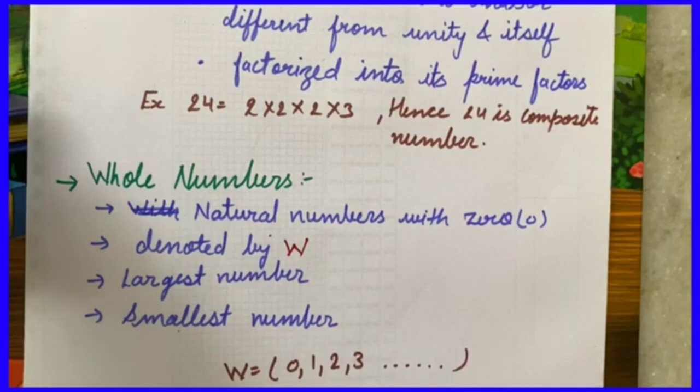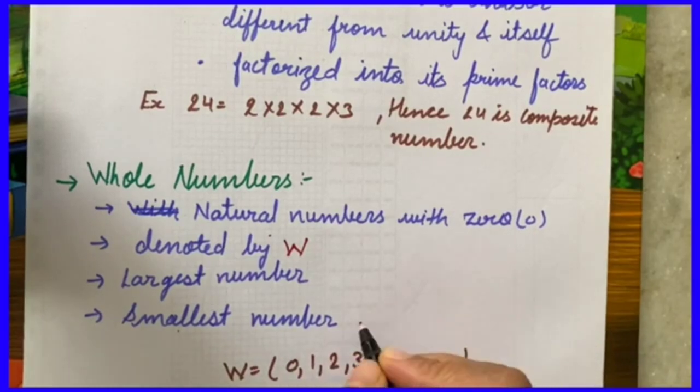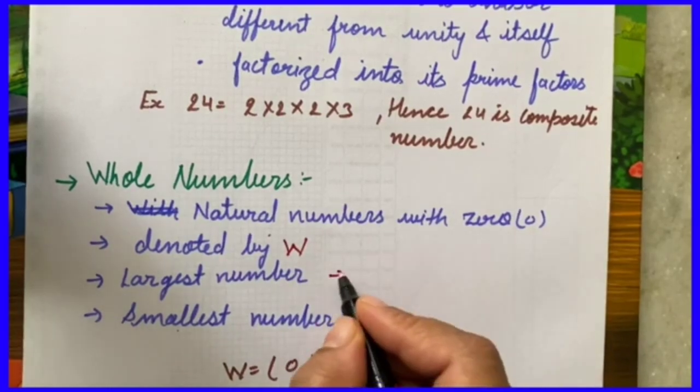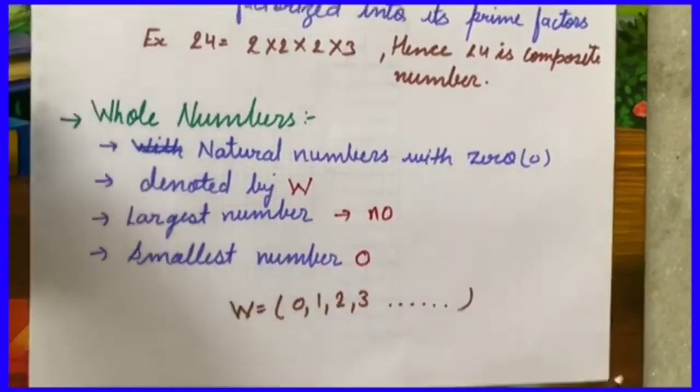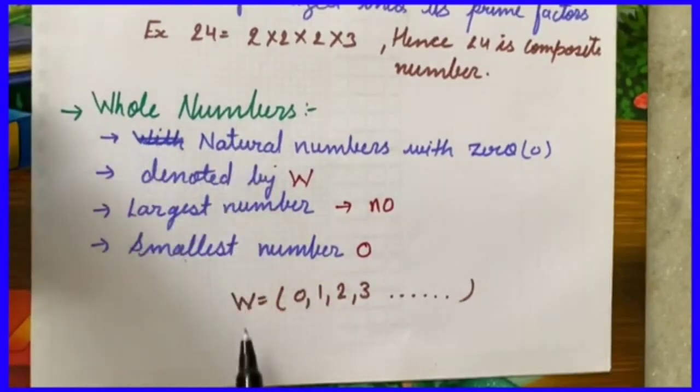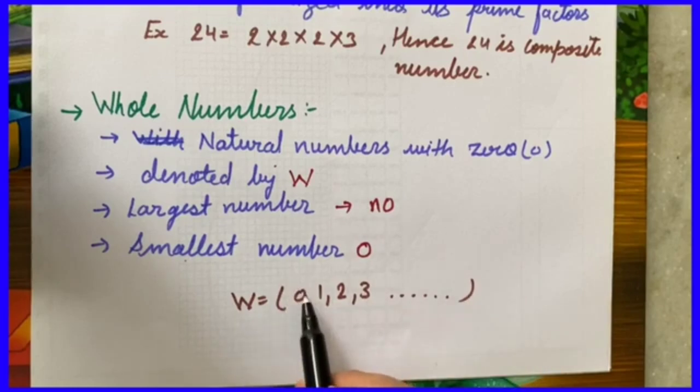Fine. And the smallest whole number is 0. So no largest number here. Now we can represent whole number in form of a set as W is equal to, in brackets, 0, 1, 2, 3 and up to infinity. So in whole number we are including 0.